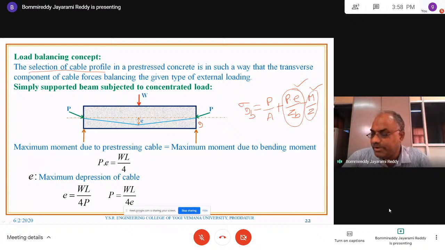Because of the load, bending moment is more at the center, so eccentricity will be more. And due to external load, bending moment at the end is 0, so the eccentricity is also 0. That means at every part of the section, the load gets balanced by means of the pre-stressing force induced in the cable.